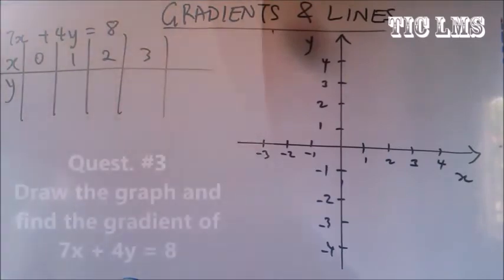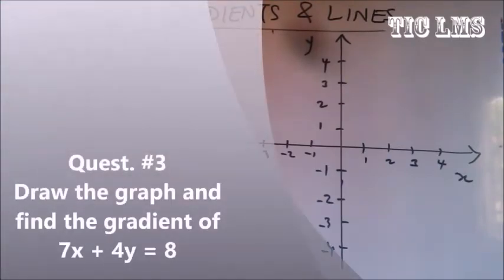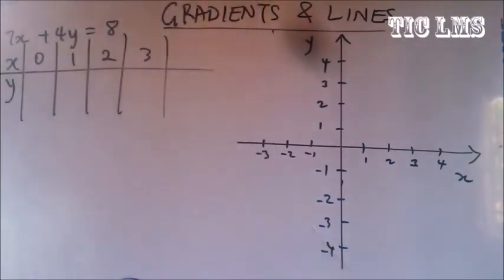Alright, so in this next question, we're to draw the graph and find the gradient of the equation 7x plus 4y equal to 8. Alright, so for us to do that, we'll draw our table and we'll fix in values for x, such that when x is 0, what will be the corresponding value of y?